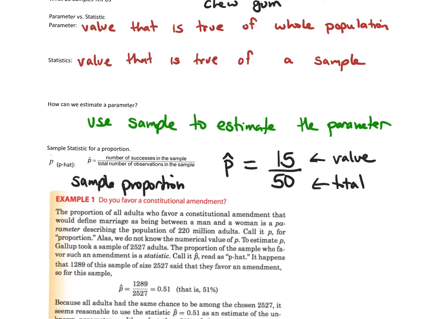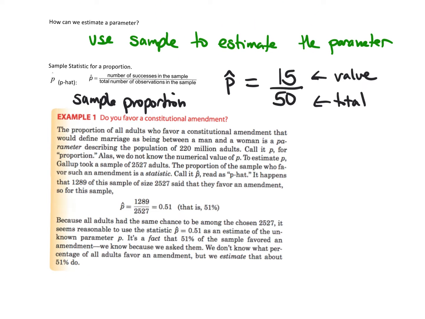So very, very simple. Let's go ahead and look at an example here that has a p-hat. This one is about the proportion of adults who favor a constitutional amendment about marriage. And what it says is we talked to 2,527 adults. These were the number of adults that we talked to.